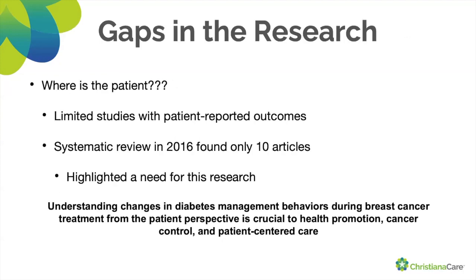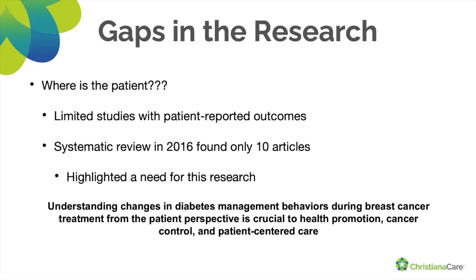Next slide, please. Another big gap I was noticing in the research is, where's the patient? When we look at the existing research on breast cancer and type 2 diabetes, there's really little out there that takes the patient perspective into account. A systematic review conducted in 2016 looked specifically at patient-reported outcomes in cancer and diabetes.